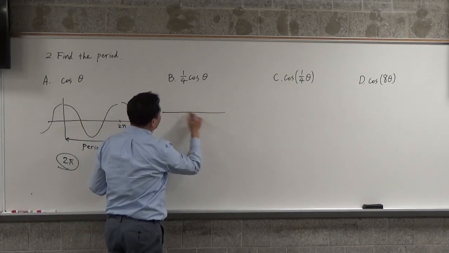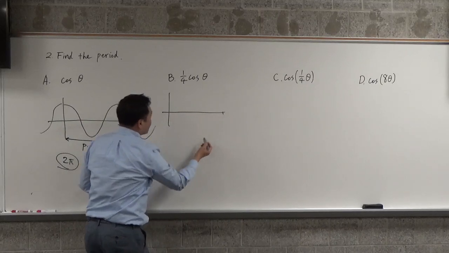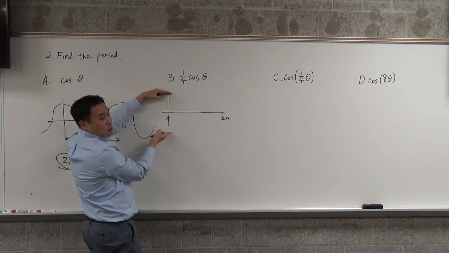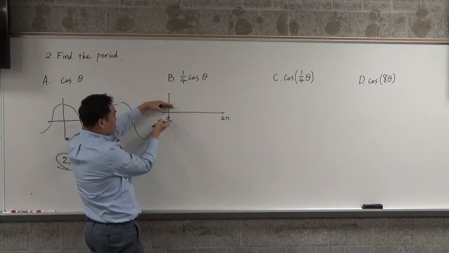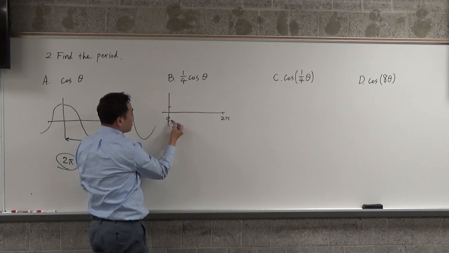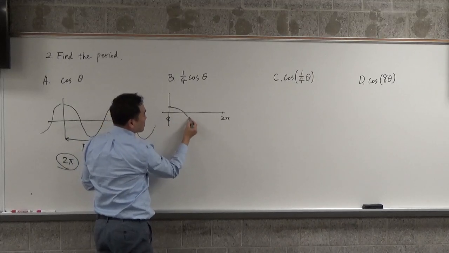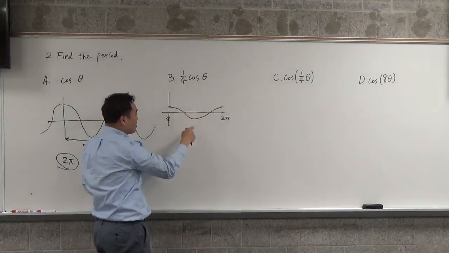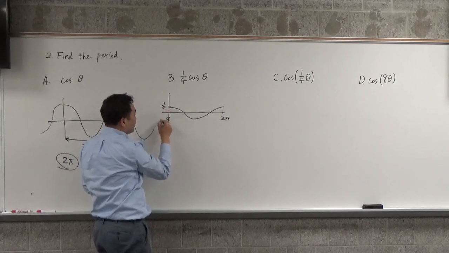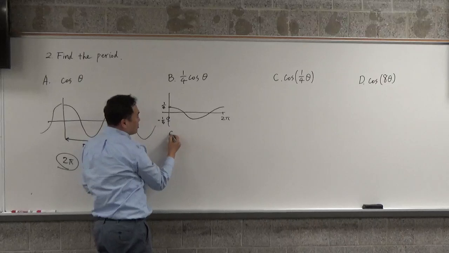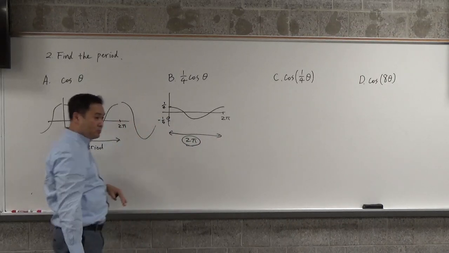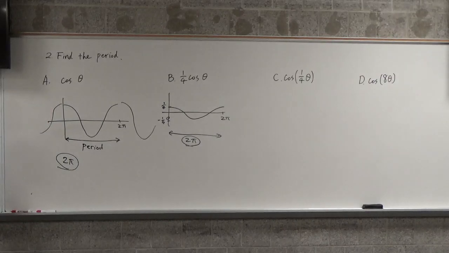What's happening is it's still 0 to 2 pi, but instead of going from -1 to 1, it shrinks down to 1/4 and -1/4. So the graph goes like this, but this gets copied and pasted left and right. So this length is still just 2 pi. The period is again 2 pi.